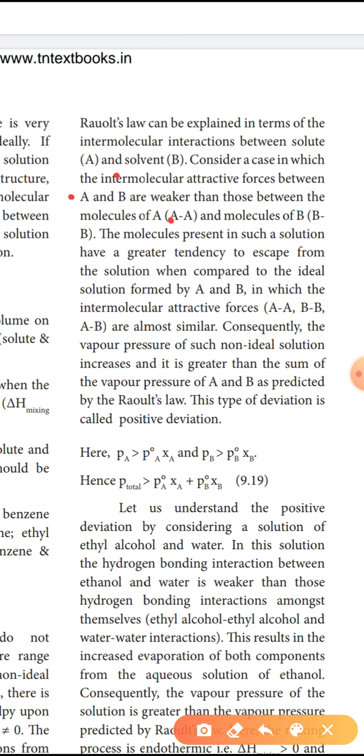So the vapor pressure of such a non-ideal solution increases. It is greater than the vapor pressure of A and B.